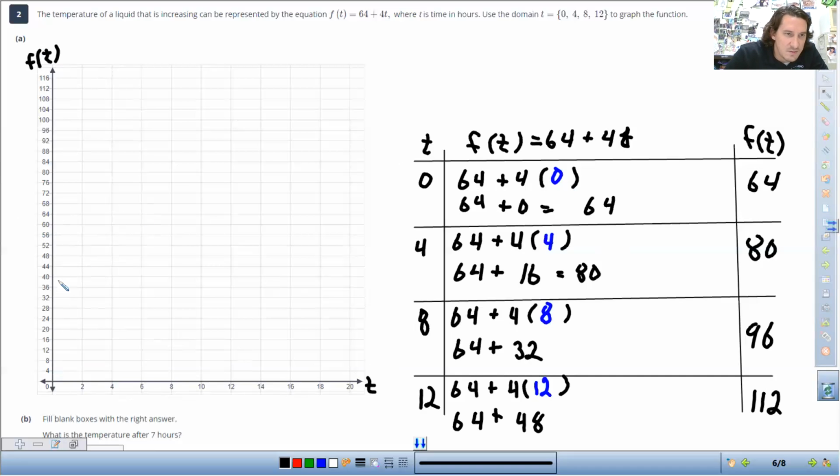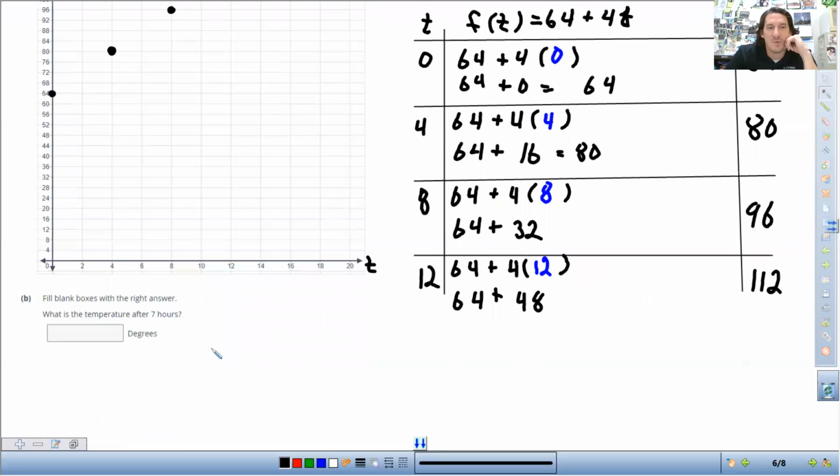And then 4, 80, so 4 in the domain, 80 in the range. 8, 96. And then 12, 112.